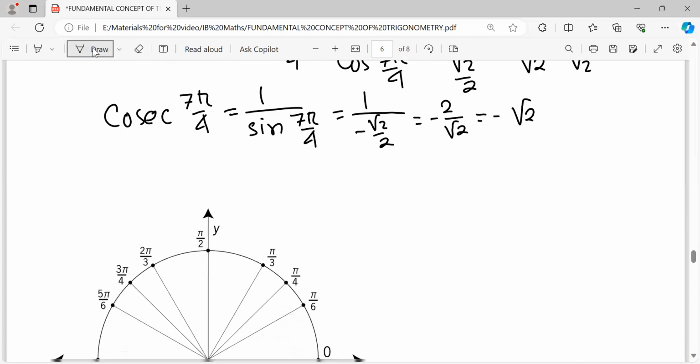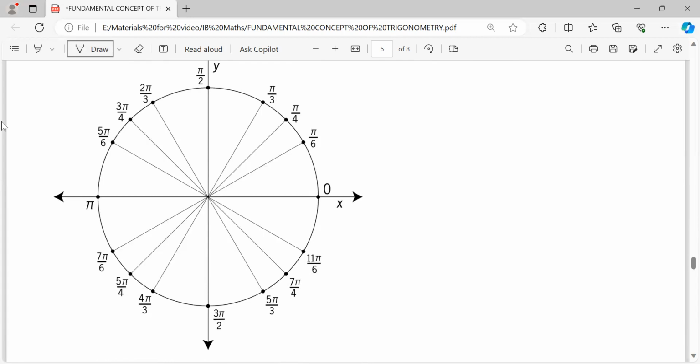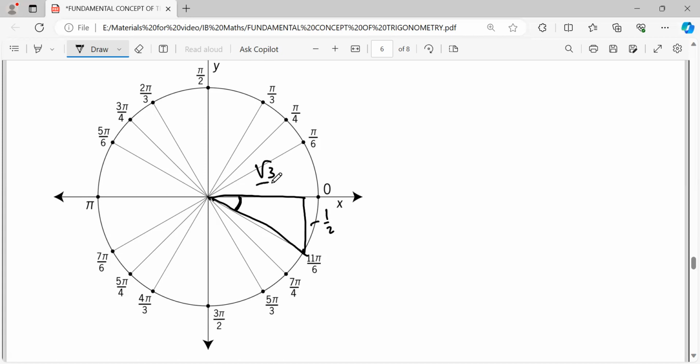Next. This one, 11 pi over 6. We are going to create the triangle. I'm going to use this angle to determine this negative half. It's 1, square root 3 over 2, 1.